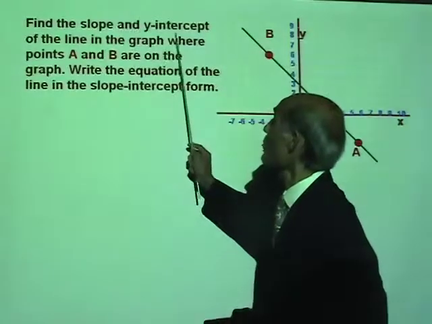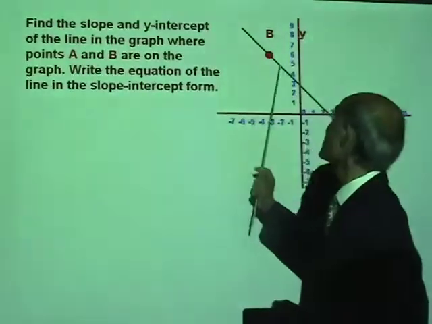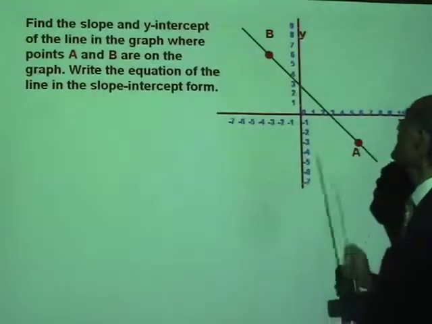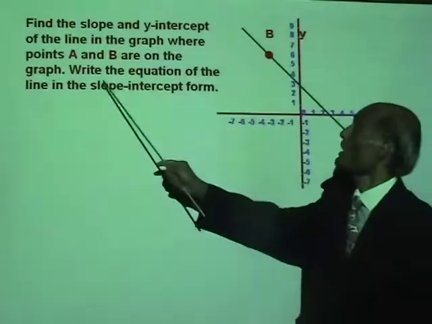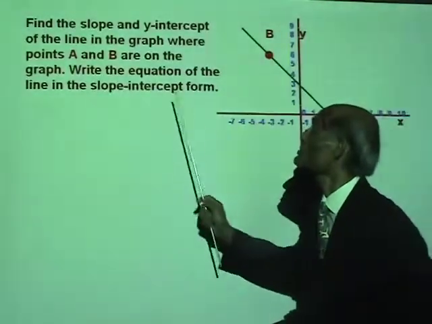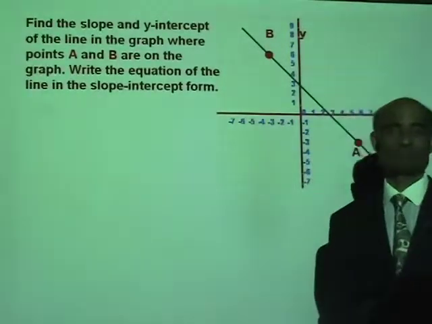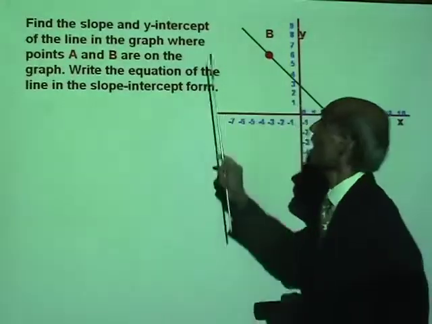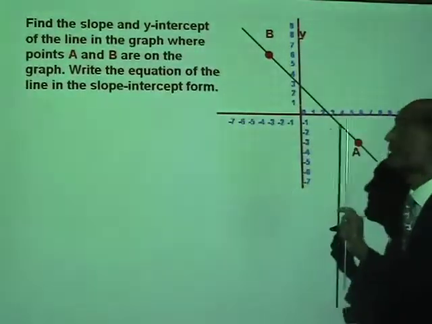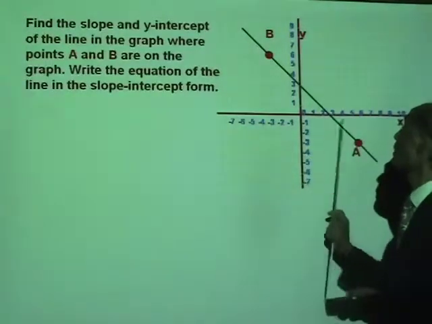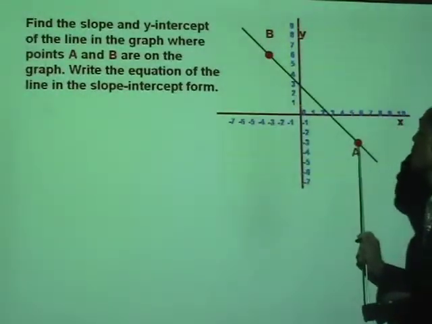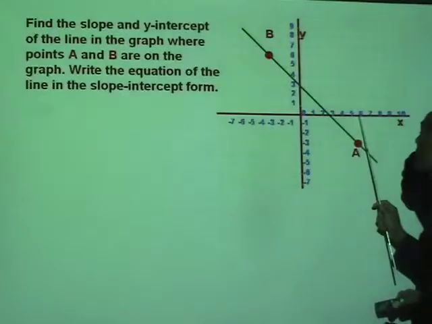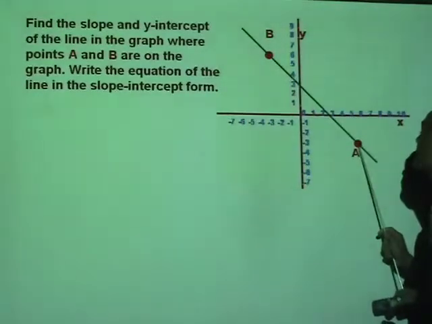Find the slope and y-intercept of the line in the graph. I have given you a graph where the 2 points A and B are given. Write the equation of the line in the slope-intercept form. Well, we want to find the slope of the line and the y-intercept. In order to find the slope, we have 2 points. What is this point A? This point A has an x value of 6 and a y value of -3.